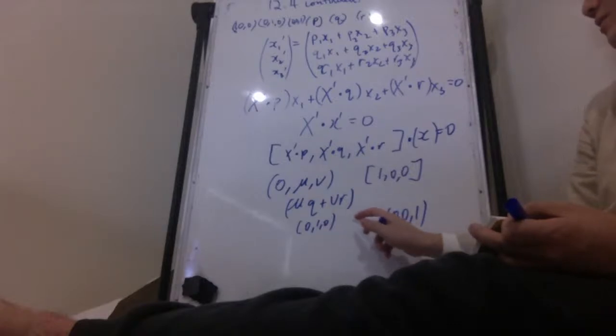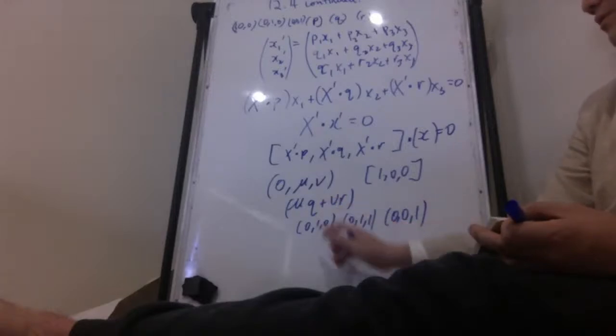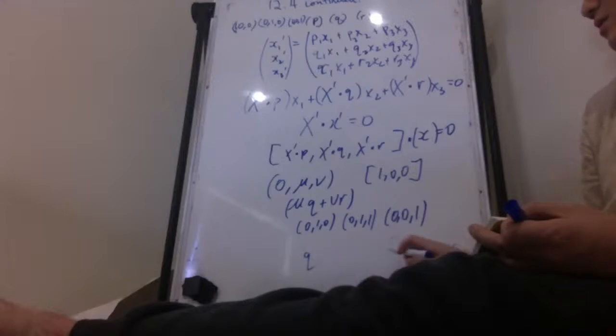And if we had the sum of those, 0, 1, 1, okay? And then we took any other 3 points. So in this case, it'd be Q and R, and then Q plus R, okay?